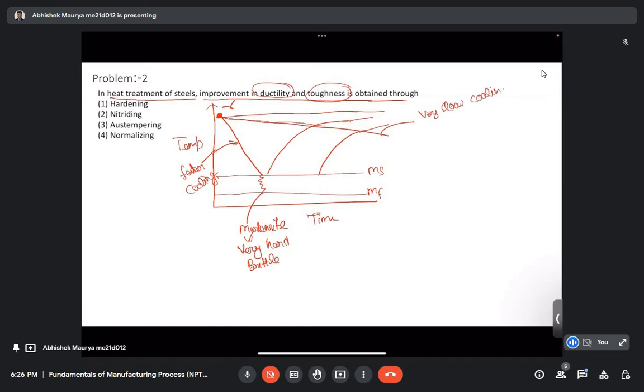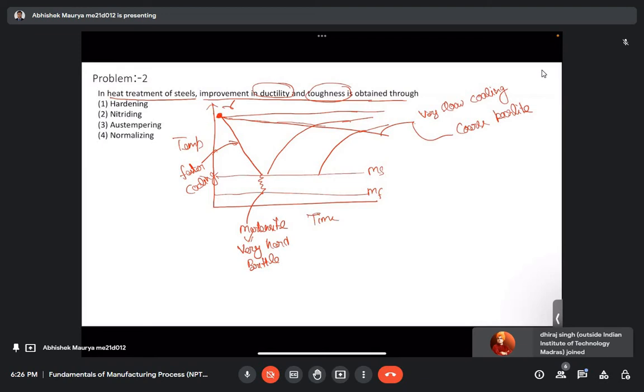Very slow cooling, then we will get coarse pearlite, and we know the properties of coarse pearlite. It is very ductile, but its toughness is poor, so it is not that tough. It has low toughness, but in the question it has been asked, we want ductility as well as toughness. So how to achieve that?